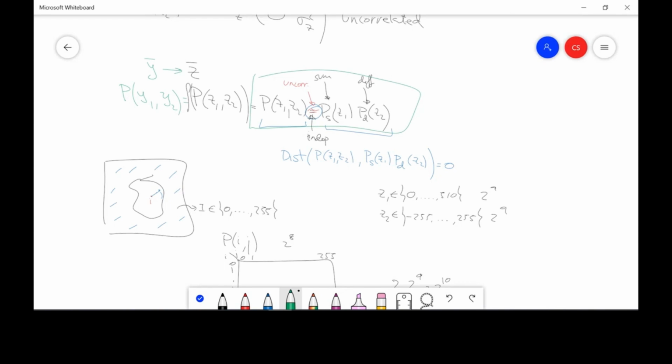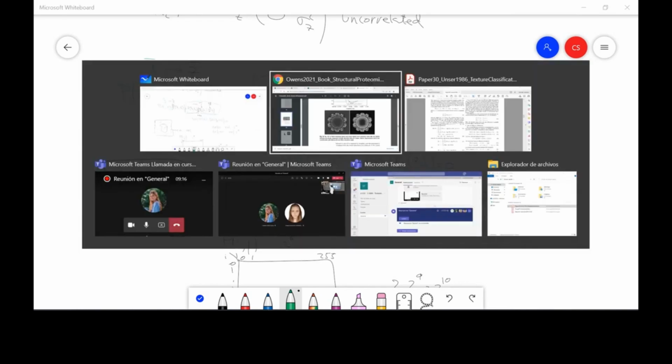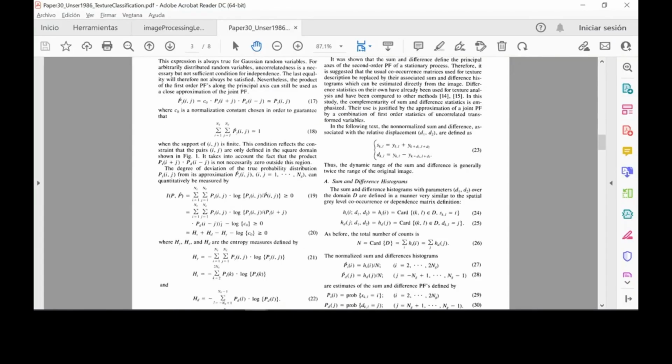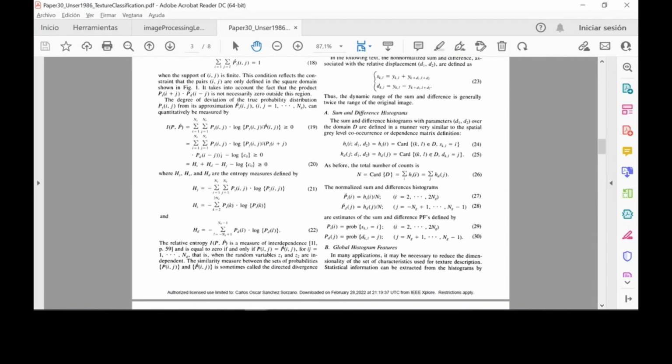And then, we haven't classified textures yet. How do we do that? We will now look at the article again. We will need the histograms or the probability density functions of these sums and differences.